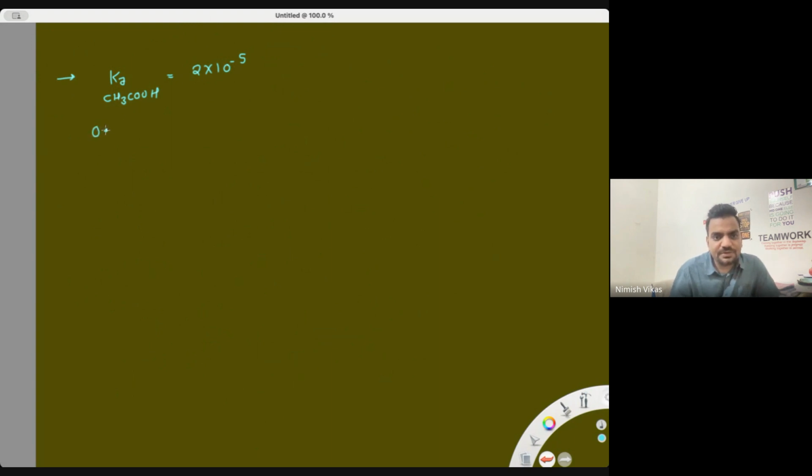And we have 0.5 molar acetic acid. And we have 1 molar sodium acetate. So first question will be, what is the pH of this solution? Which you can easily get from formula.